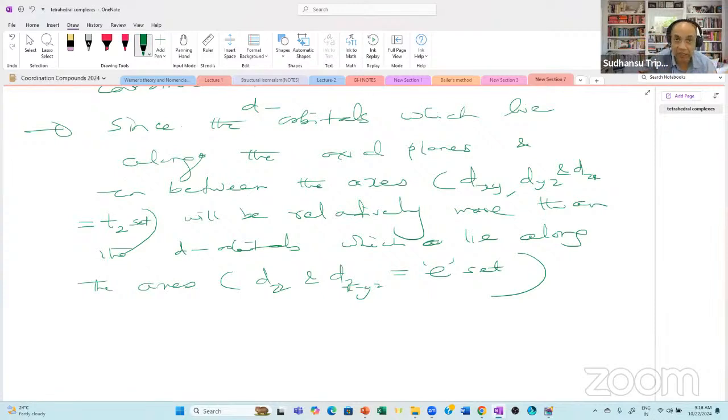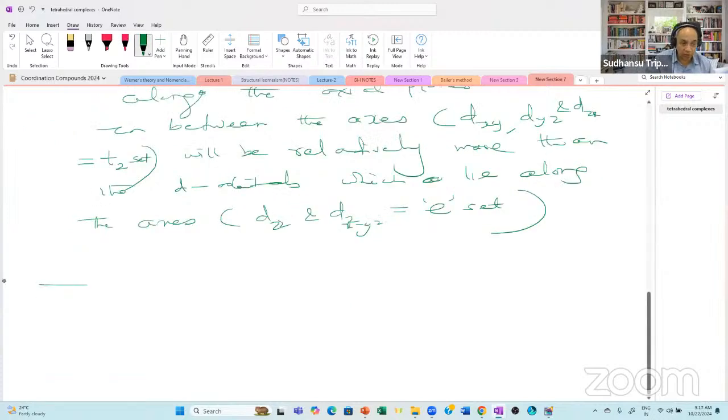Of course, the ligands are not even approaching along the direction of the T2 set. They are relatively closer. The axial planes are at the middle, but relatively they are closer to the approaching ligands than the E set in which the orbitals are lying along the axis.